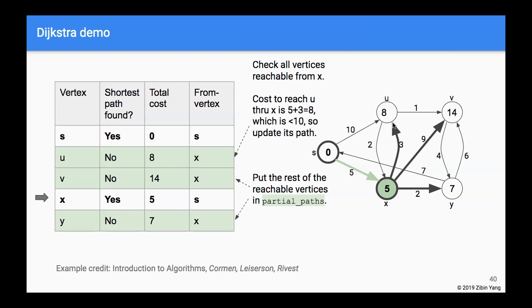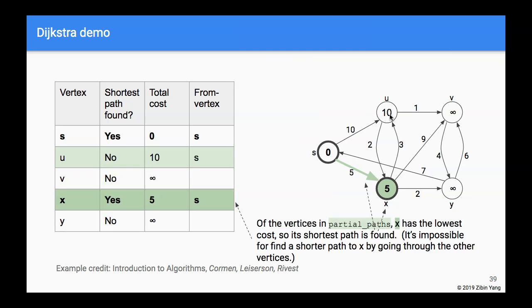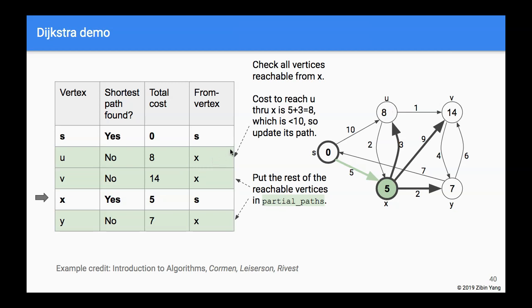So 5 plus 3, that's 8. 8 is less than the old cost of 10. So we should update the path information for U. Now the total cost would be 8 if we go to it from X. Okay, hopefully that makes sense.